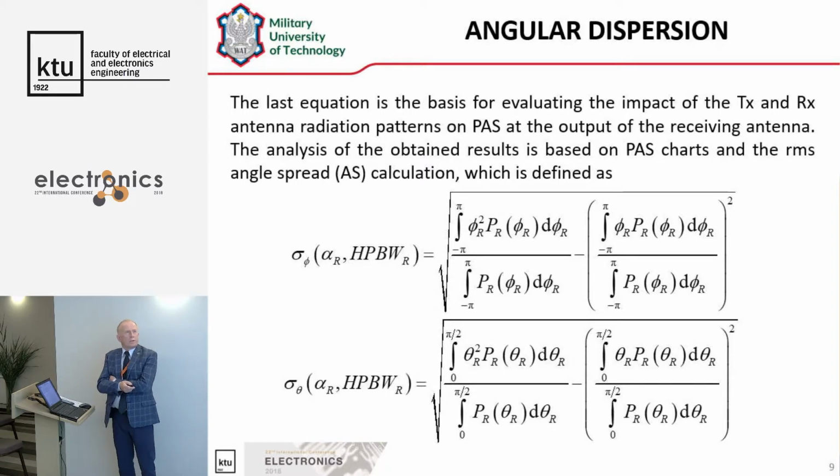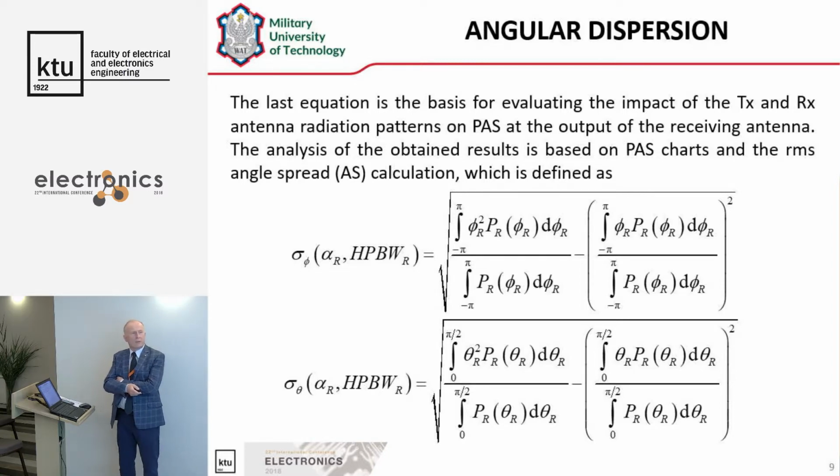The last equation is the basis for evaluating the impact of transmitter and receiver antenna radiation patterns on power angular spread at the output of the receiving antenna. The analysis of the obtained results is based on power angular spread charts and the RMS angle spread calculation, which is defined as follows.